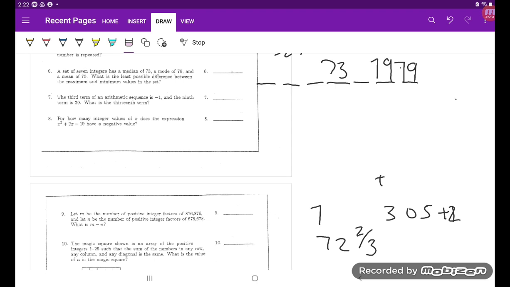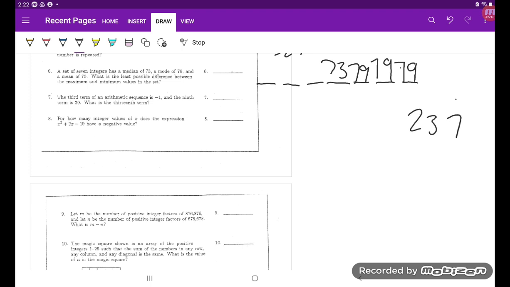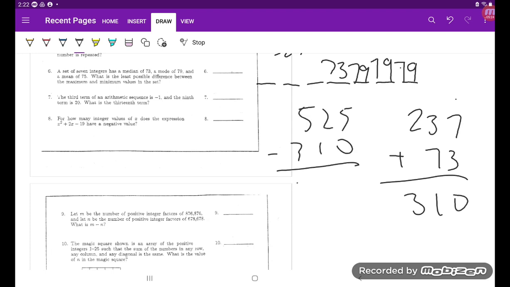There can't be more than two modes, except if there are three 79s. So if we have three 79s, that's 237, and then plus 73 is 310. We subtract that from 525 and get 215.